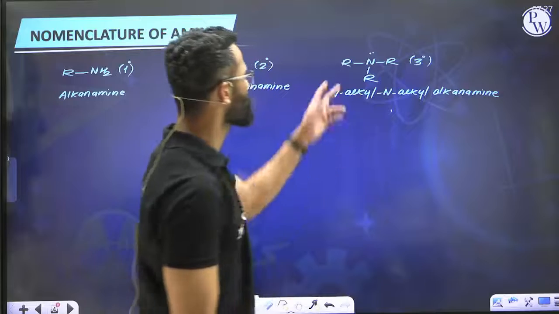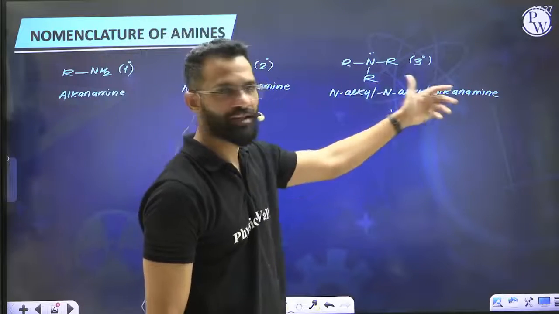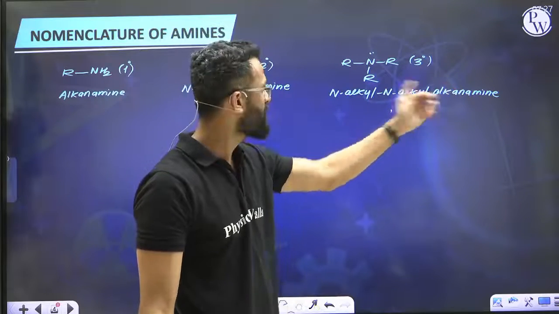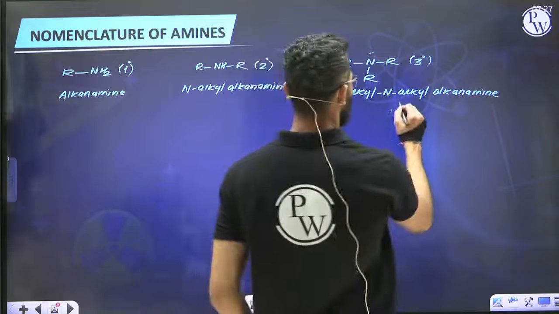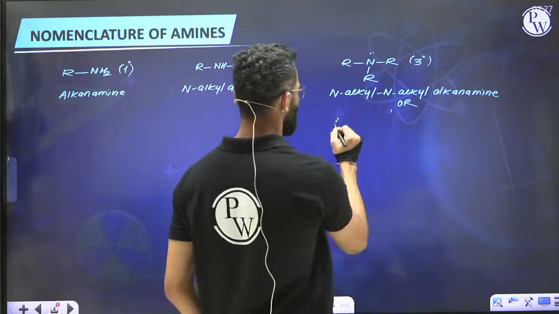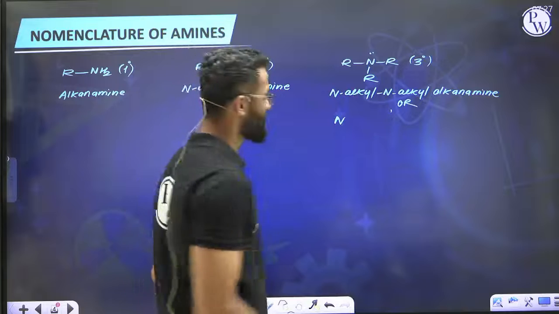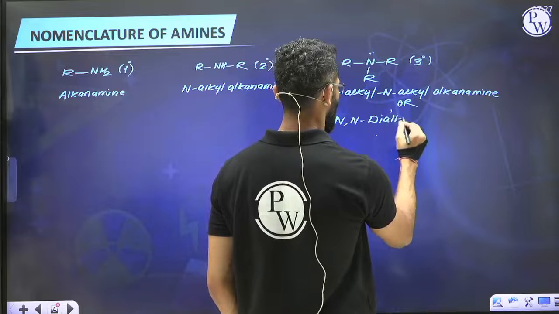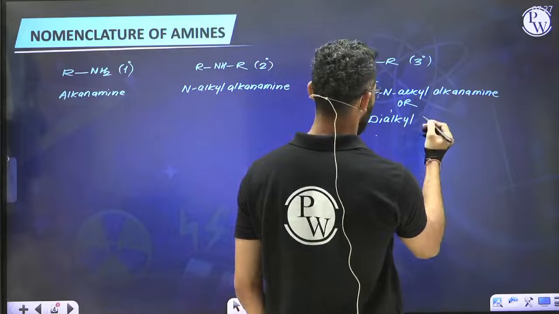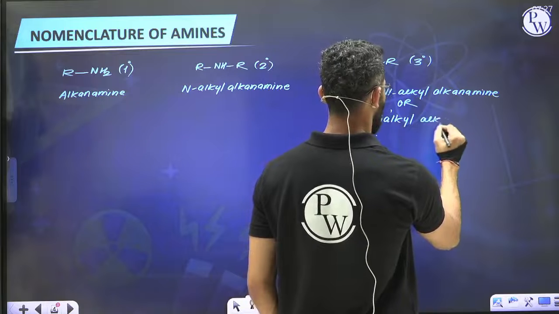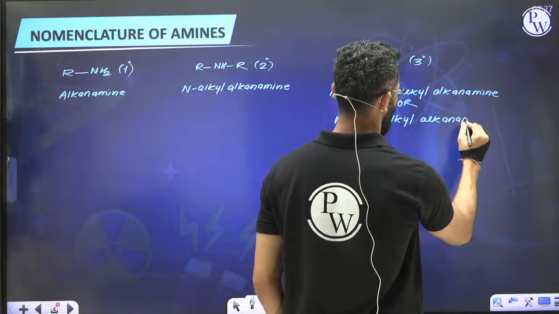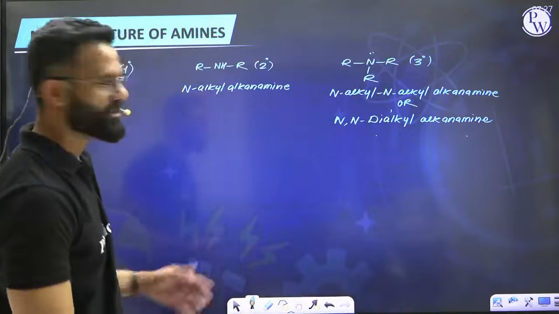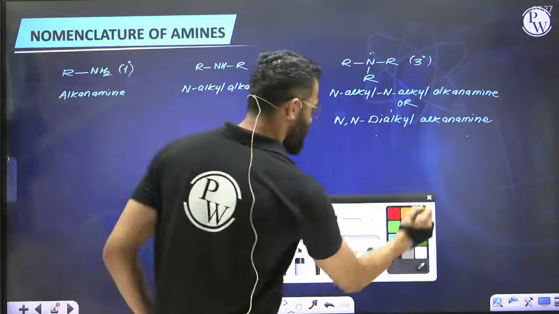Now assuming that two of the alkyl groups are identical and the third one is the one which contains more carbon atoms, then the third one is going to be the parent chain, and if the remaining two alkyl groups are identical, then another way of writing the name is considering both alkyl together as N,N-dialkyl alkanamine. Now let's take examples to understand this system of nomenclature.